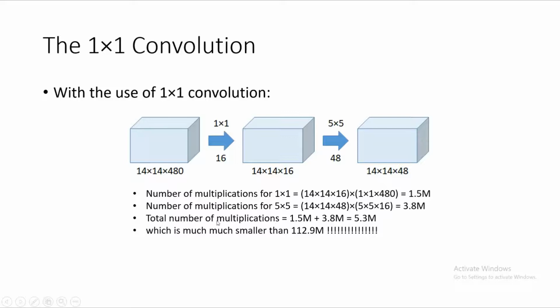If we compare this with the previous one, which is 112.9 million, then 5.3 million is very small. So with the use of 1 by 1 convolution, the computational complexity can be reduced.